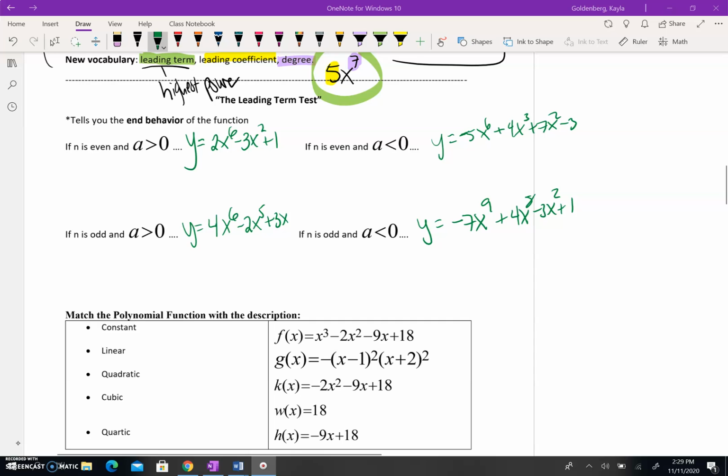Okay, so here are some examples of what these might look like. Notice even is referring to the biggest power. Biggest power is an even exponent. Right? Whereas odd is referring to, oh, did I make them, dear, that one should be like a 7. I'm going to make it a 7 instead of a 6. I totally wrote the wrong exponent there. Phew.